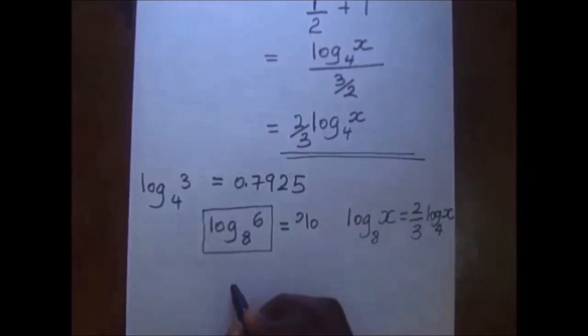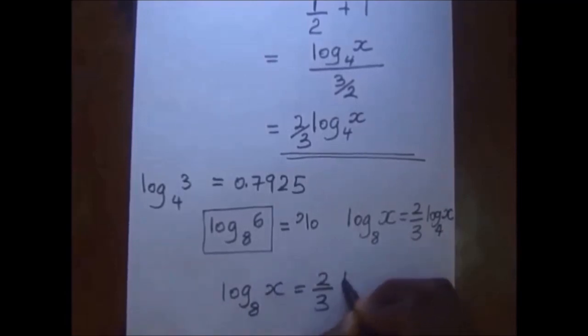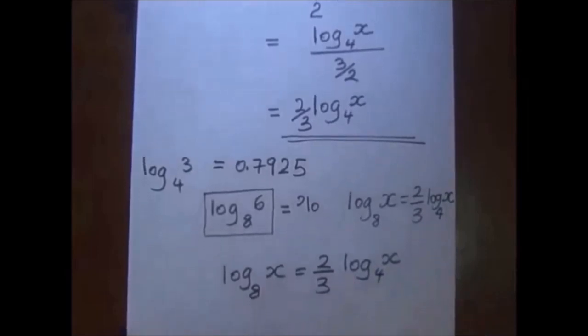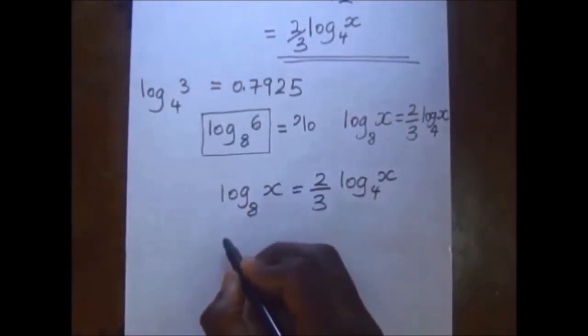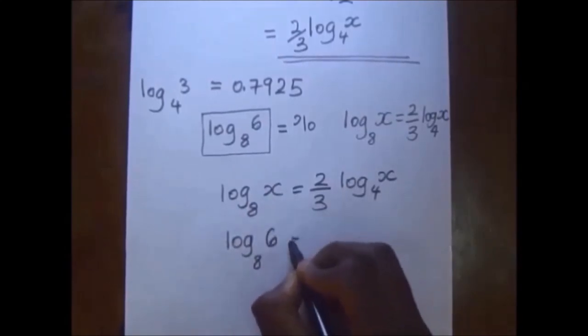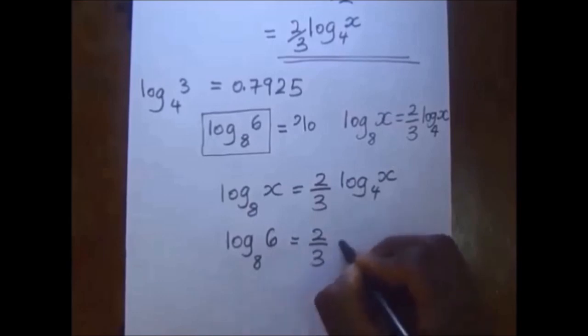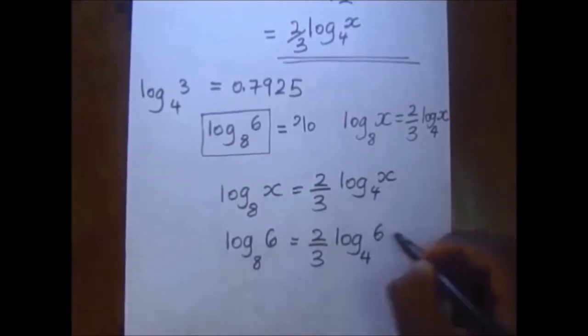So here we know that log base 8 of x is equal to 2/3 log of x base 4. And now here the value of x we've been given is 6. So it's going to become log base 8 of 6, giving us 2/3 log of 6 base 4.